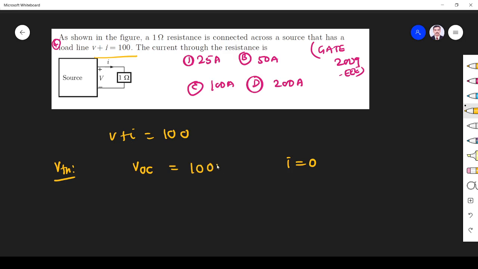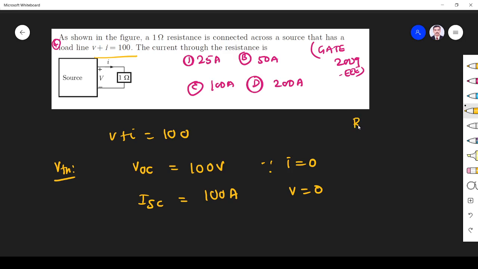That's the open circuit voltage, because I is 0. Similarly, we find the short circuit current, I SC. Why we find short circuit current, I will tell you. If the circuit is short circuited, it means V is equal to 0. So if we substitute V equal to 0 here, I will become 100 ampere. Right? So we know V OC and I SC.